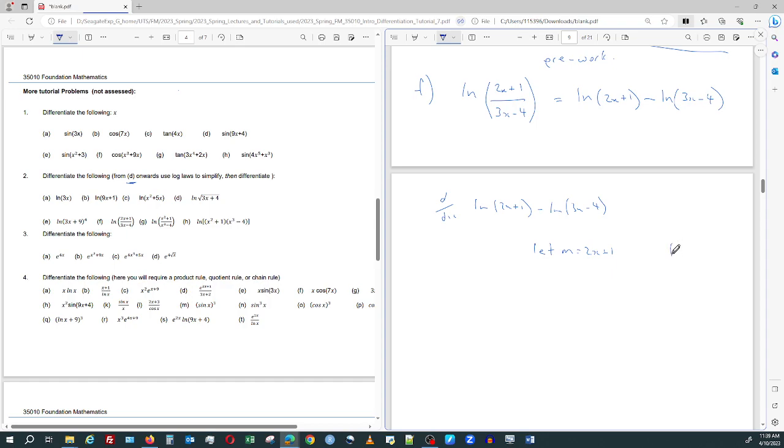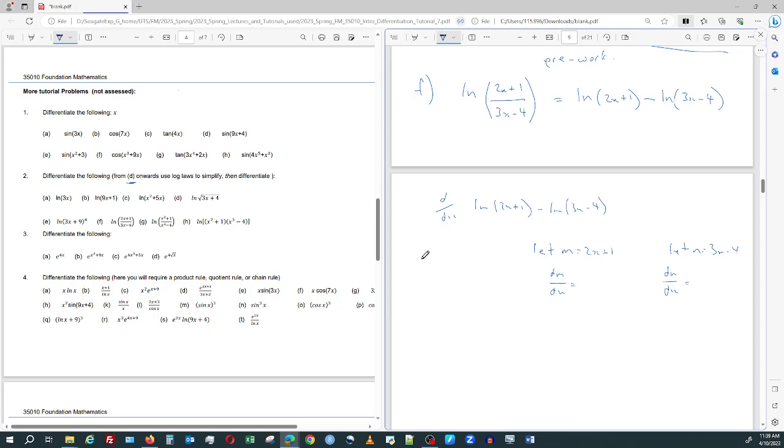Over here, let n equal 3x minus 4. So we've got dm/dx and dn/dx. And then over here, what we've got here is a d/dm, so we can separate them.